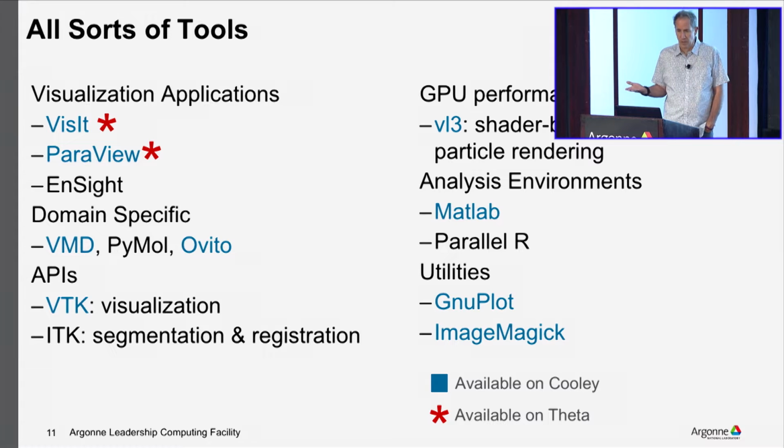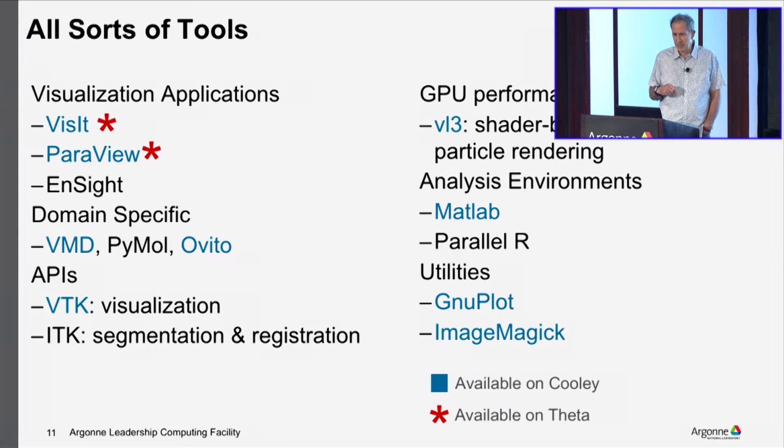They're general purpose, high performant, parallel, open source viz tools, end user tools largely. I mentioned those are sort of general purpose. I don't know if that's quite the right way to put it, but they can apply to data from many disciplines, as opposed to other tools that are more domain specific, VMD being one of them, and John will talk a little bit more about that this afternoon as well.